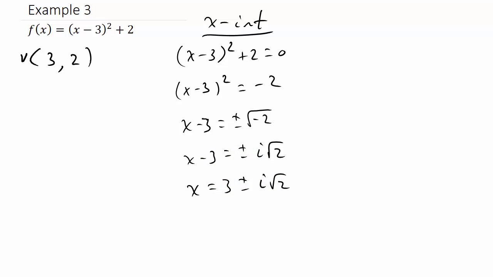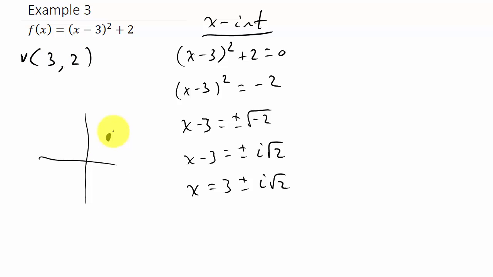Okay, now let's look at this. We get an imaginary solution. So that means there's no x-intercepts. Okay, all right. And actually, we didn't even need to do this, did we? Look at our vertex. Our vertex is 3, 2. So if we go over 3 and up 2, our vertex is going to be right in there.